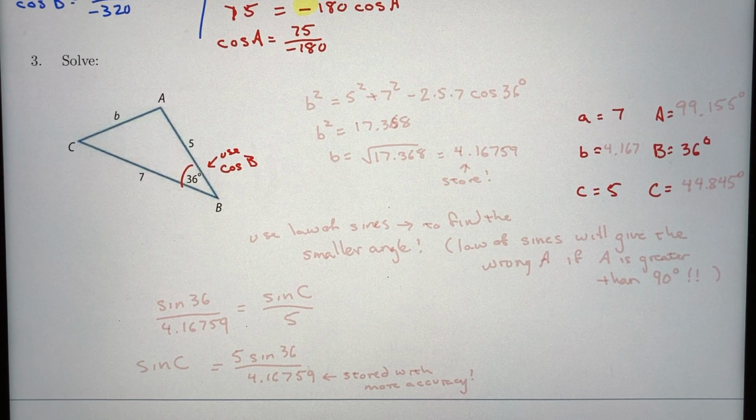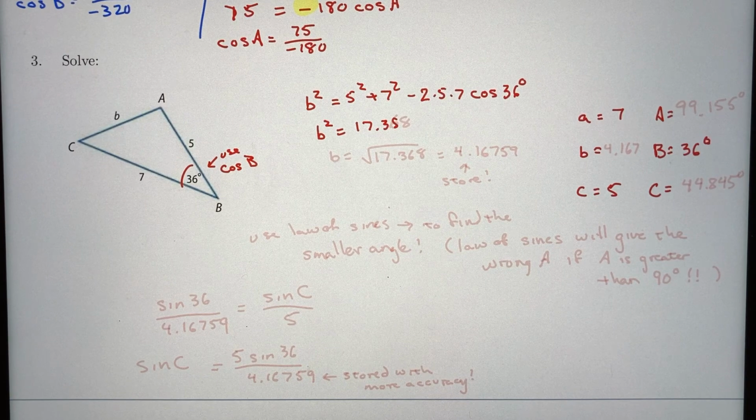So B squared first. And angle B is 36. Notice that this one you don't have to move things around. You just stuff it raw into the calculator. The whole right-hand side is just a number. Find it.